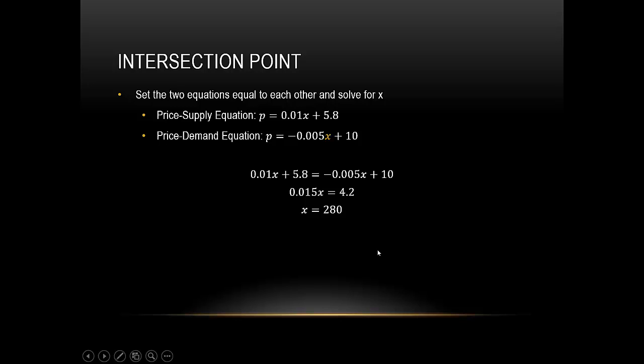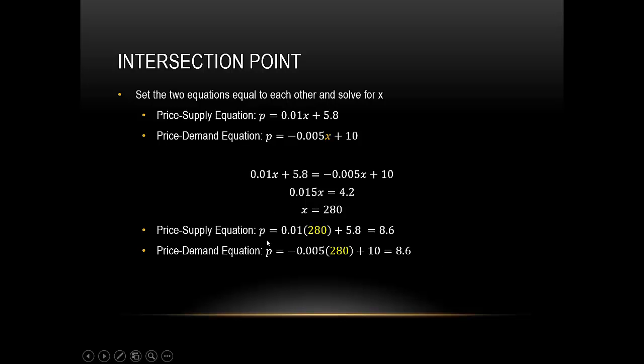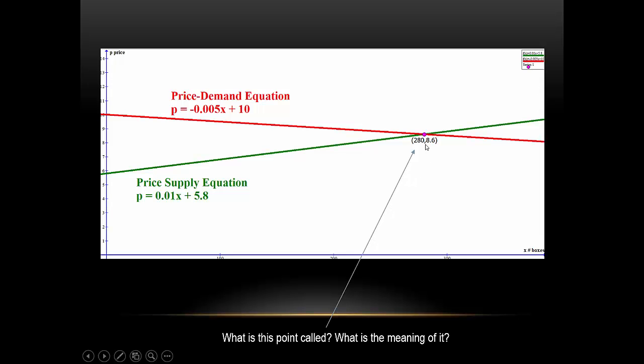That should be in your portfolio notes. Don't just copy what I have. You go through the steps. Add 0.005 to both sides. Subtract 5.8 from both sides. And then divide by 0.015. Then plug this back into both of these equations, and you should get the same value because we said that's where they intersect.